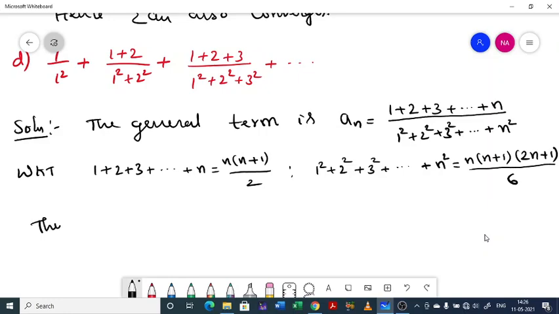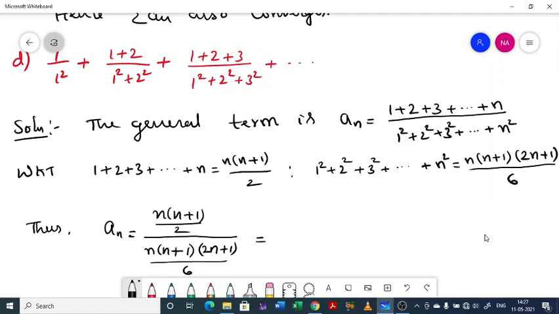Thus an will be 1 plus 2 plus 3 plus and so on plus n, that is n into n plus 1 by 2, whole divided by 1 square plus 2 square plus 3 square plus and so on plus n square, meaning n into n plus 1 into 2n plus 1 divided by 6.